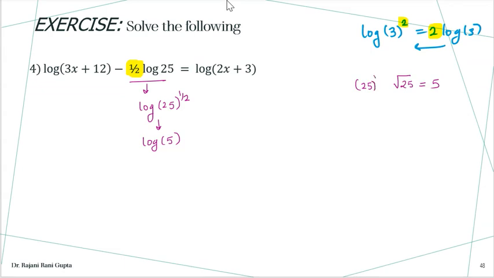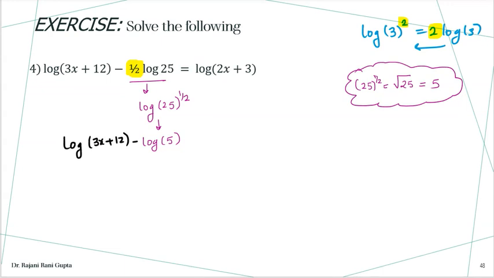Okay. So this gives you 5. Now, what do we have? We have now our equation reduced to log of 3x plus 12 minus log of 5 equal log of 2x plus 3.